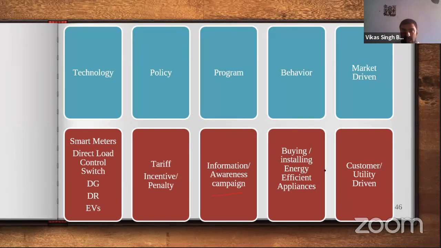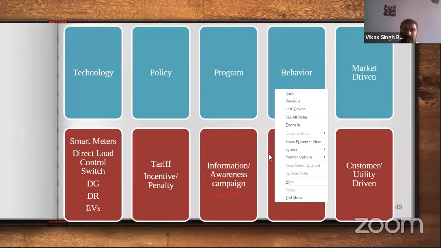Or how that information or awareness campaign affected the buying pattern or installing the energy efficient appliances. This can be one of the research area.